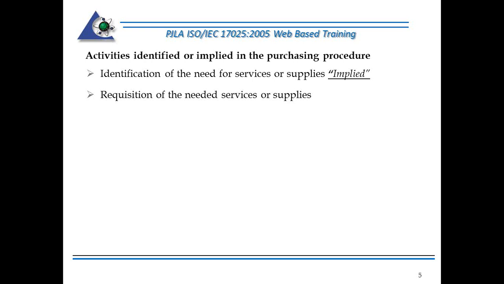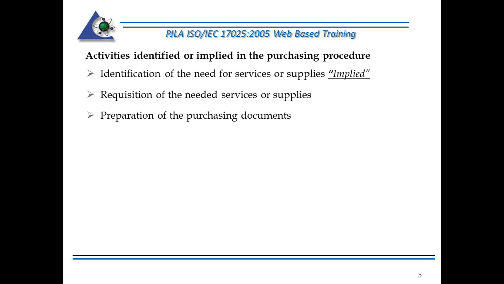So try to keep that in mind, that although perhaps in your laboratory, when we talk about different elements of this process, we recognize that they may all be you, or they may all be one person in your laboratory. So we have at first the implied identification of a need. Next is the requisition of needed services or supplies.